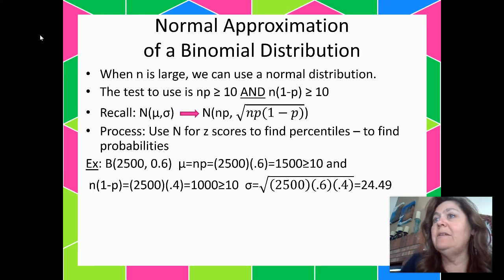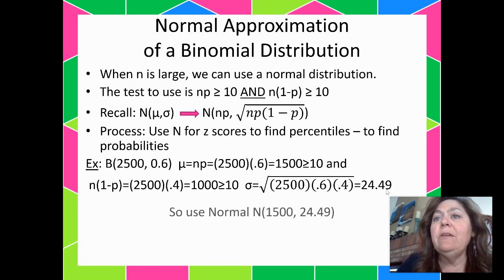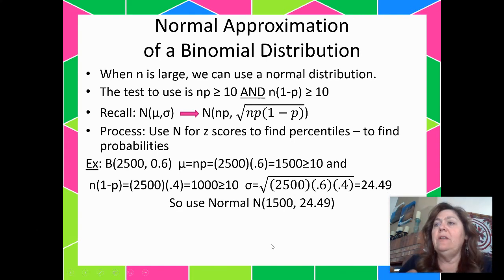And that is greater than 10 also. And there I calculated for you the standard deviation, the square root of n times p times 1 minus p, and you get 24.49. So now we can go to a normal distribution that has our mean of 1,500, which is that np right there, and your standard deviation.